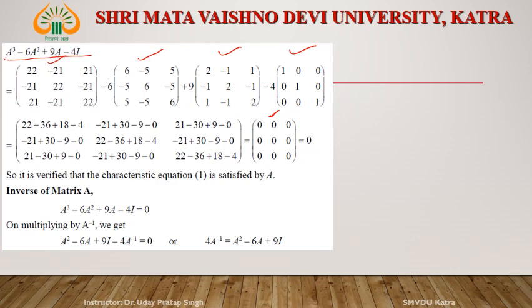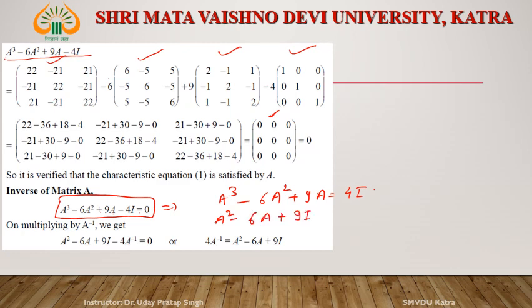Now find the A inverse. Since this is equal to 0, A cube minus 6A square plus 9A is equal to 4I. Multiply by A inverse: A inverse into A cube gives A square, 6 into A, 9A into A inverse is 9I, and 4 into I into A inverse is 4 A inverse, right?